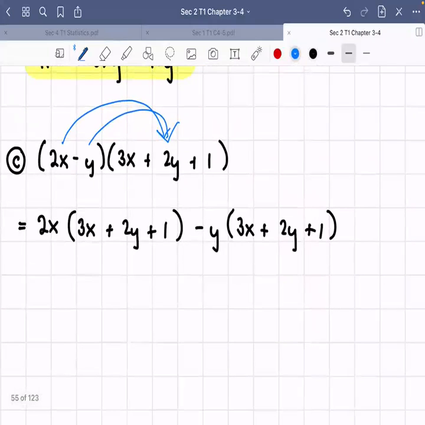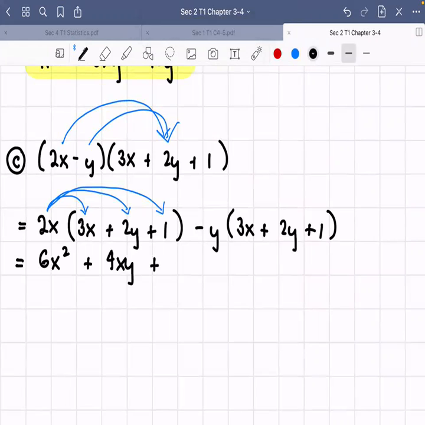So 2x times 3x, 2x times 2y, and then 2x times 1. This is equal to 6x squared, plus 4xy, and then 2x times 1 is simply 2x. We still need to do this one.